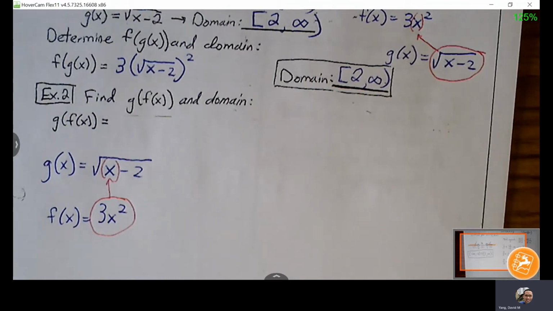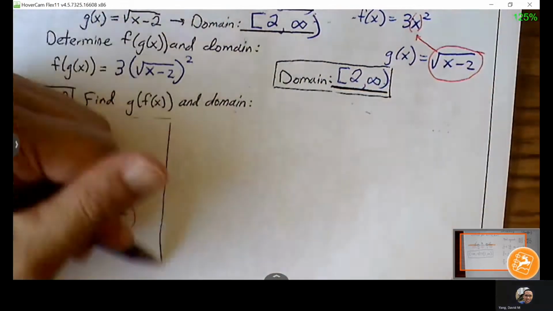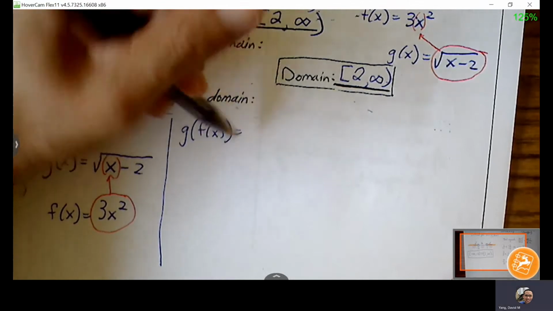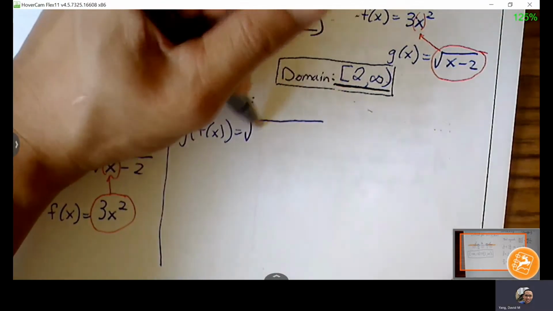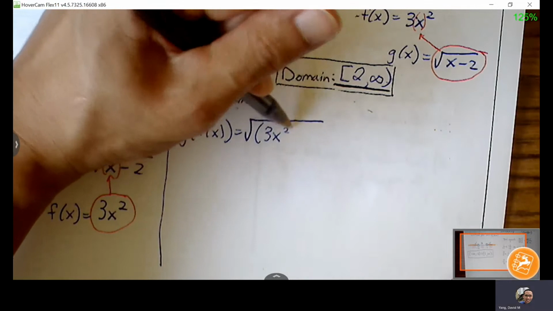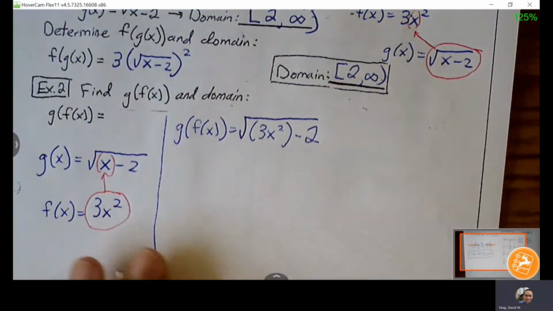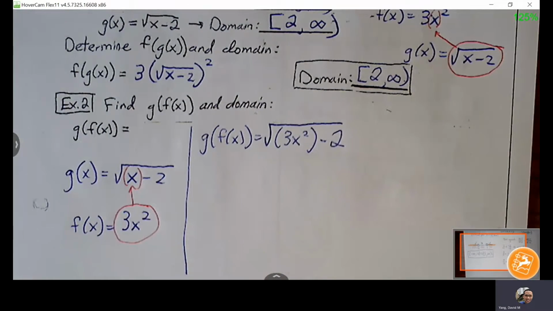So imagine replacing that x and putting that 3x squared in place of it. All right, does that make sense? Taking the entire inside function and then just fitting it into that space where the x was on the outer function.